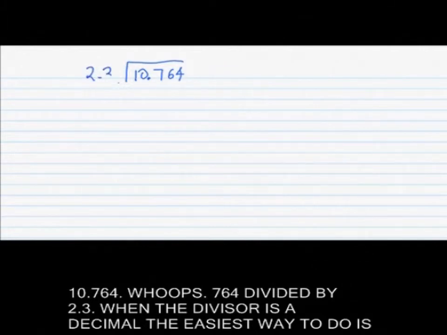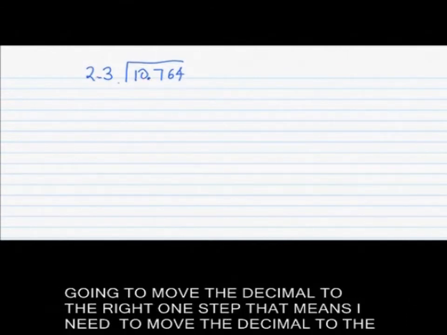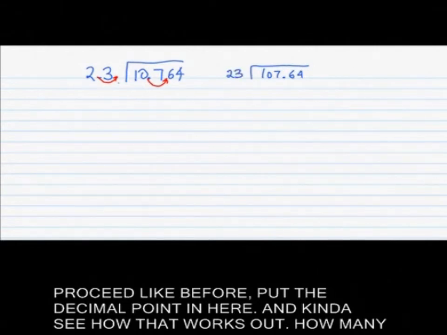When the divisor is a decimal, the easiest way to do it is to remove the decimals from the divisor. So you're going to start moving things. Now I'm going to move the decimal to the right one step. That means I need to move the decimal to the right one step in the dividend as well. So this problem became 107.64 divided by 23.